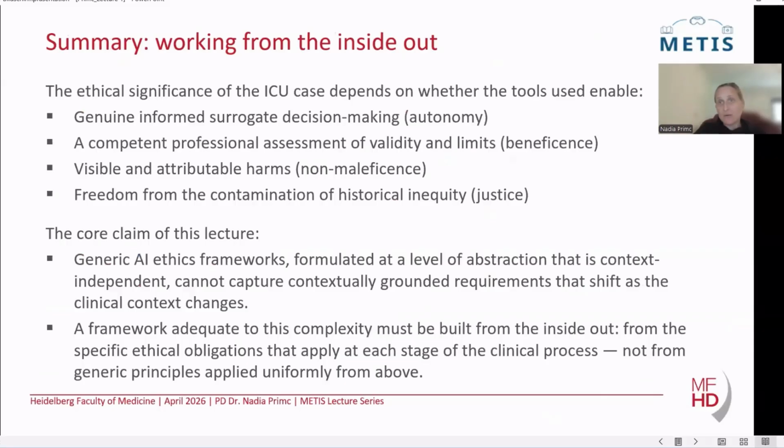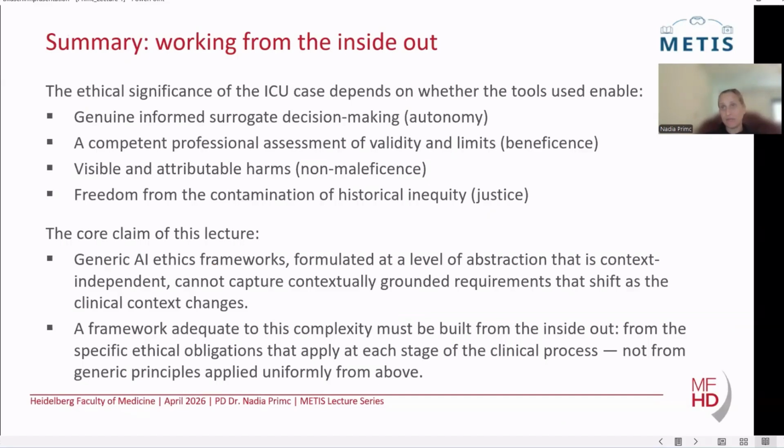And let me close this lecture briefly by restating the central arguments that I tried to make. So we began with a patient in the ICU and a family preparing to make one of the hardest decisions a family can face.